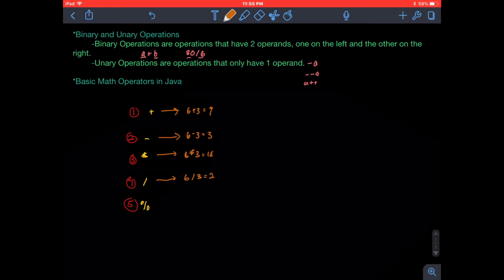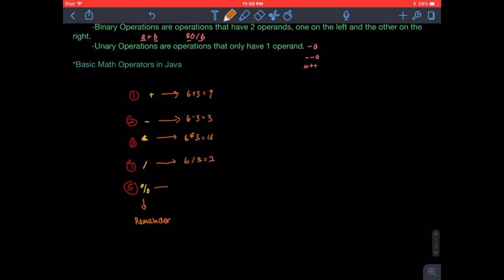Whenever we deal with modulus, we're actually trying to find the remainder. All right, so what would happen if, let's say, I used 15 modulus 6? What would be the result of this?